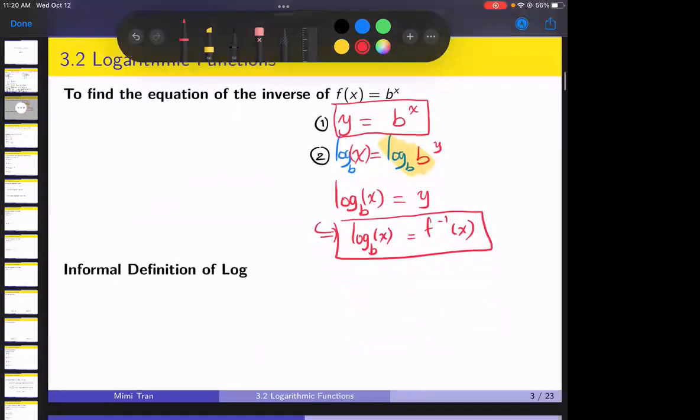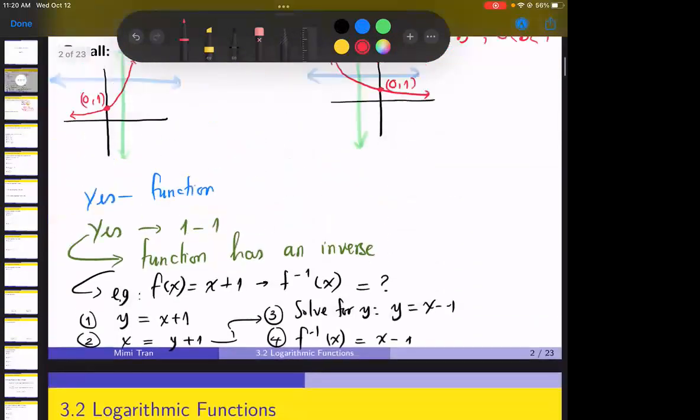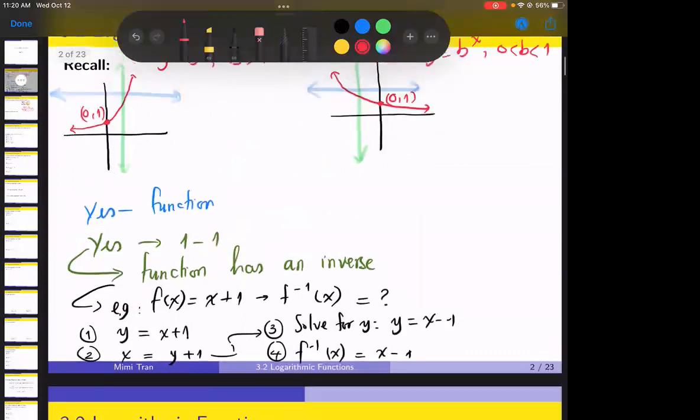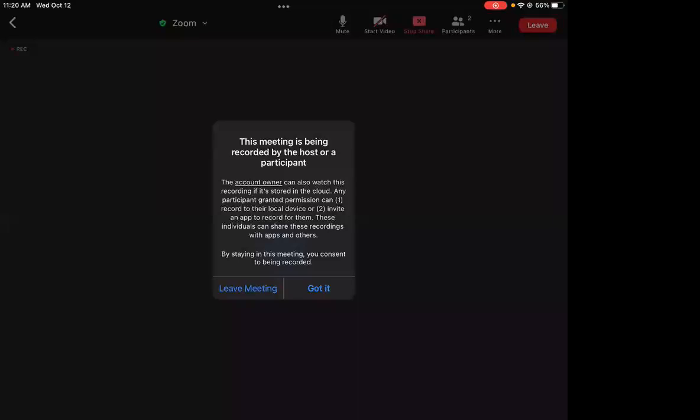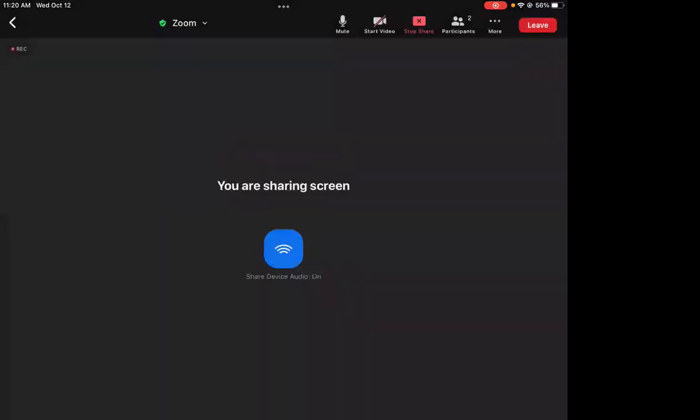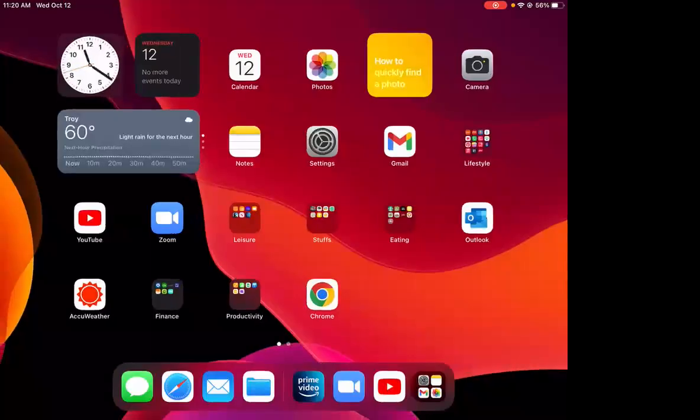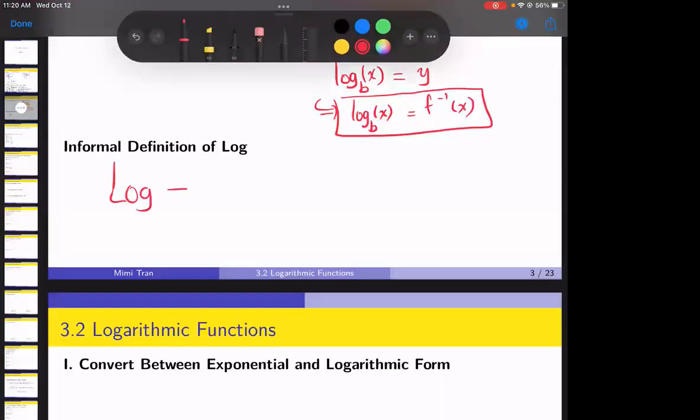All right. Now, informal definition, the thing that I need you to get out of the first two slides is this. You've got to remember this for the exam: log equals exponent.